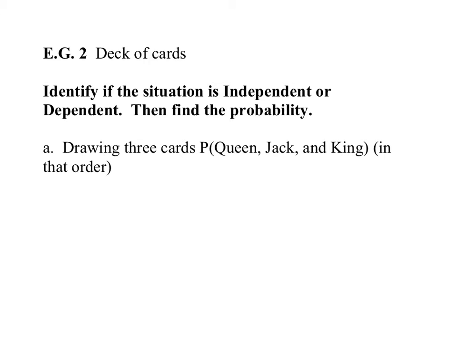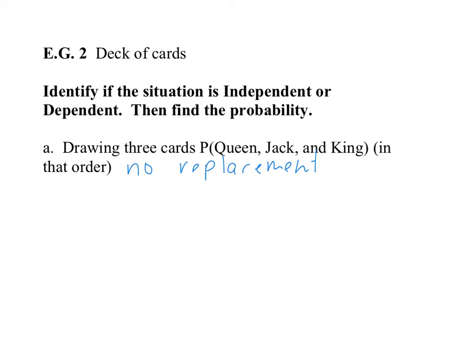Here we're asked to identify if the situation is independent or dependent, and then find the probability. We are drawing 3 cards and finding the probability that we draw a queen, jack, and king. Notice the problem did not say with replacement, so we assume that we're not replacing the cards as we're drawing them.